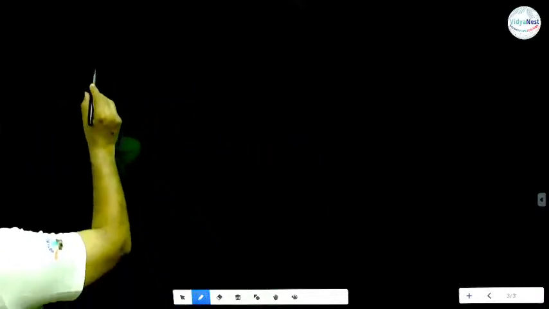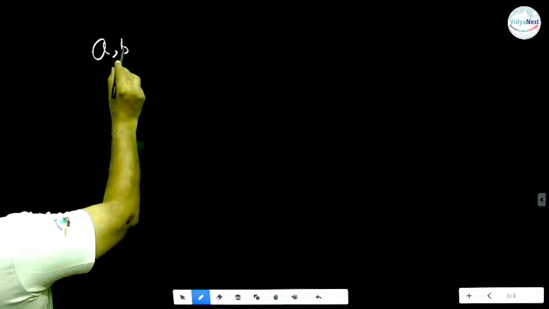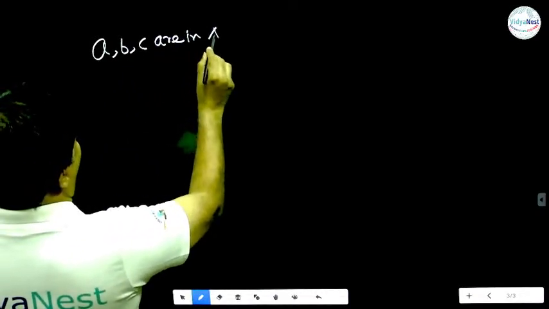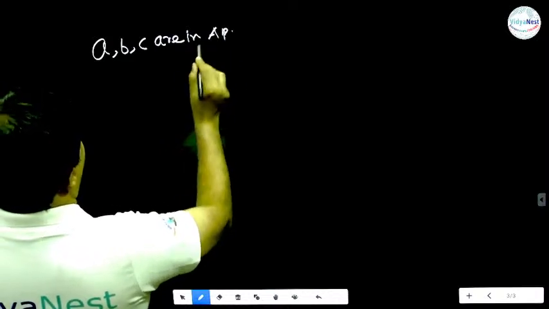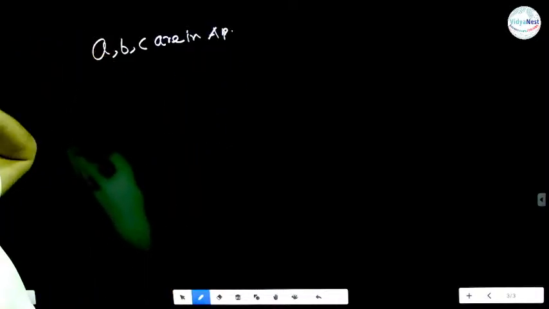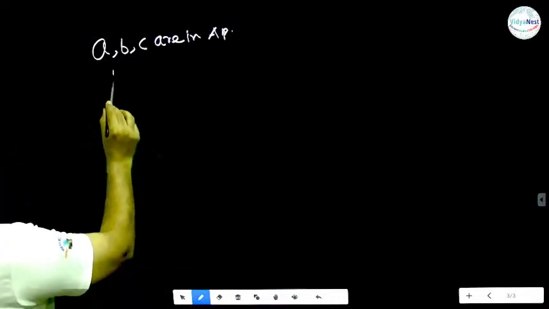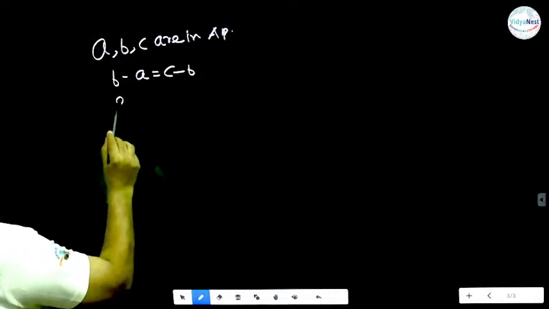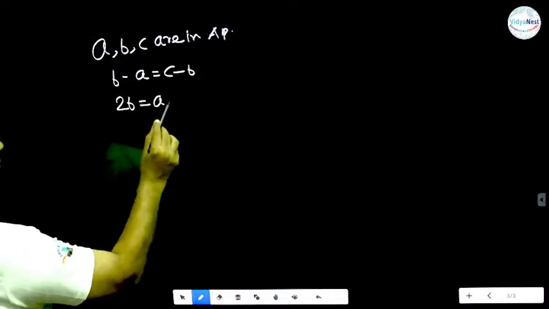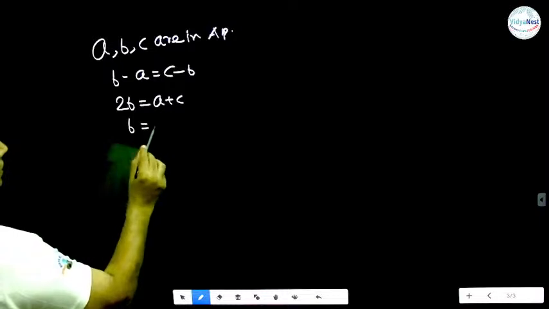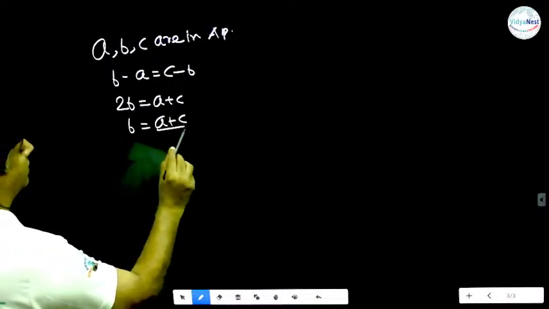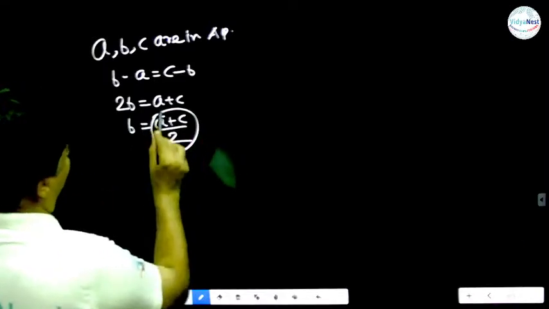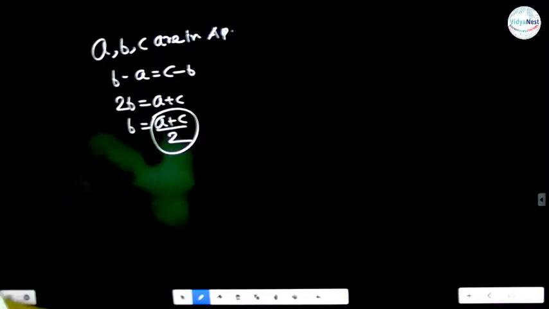Now A, B, C are in AP. What does it mean? It means the difference between the numbers will be the same. Means B minus A is equal to C minus B. So twice B is equal to A plus C. B will be A plus C by 2. And what is observed? It can be compared to simple average.